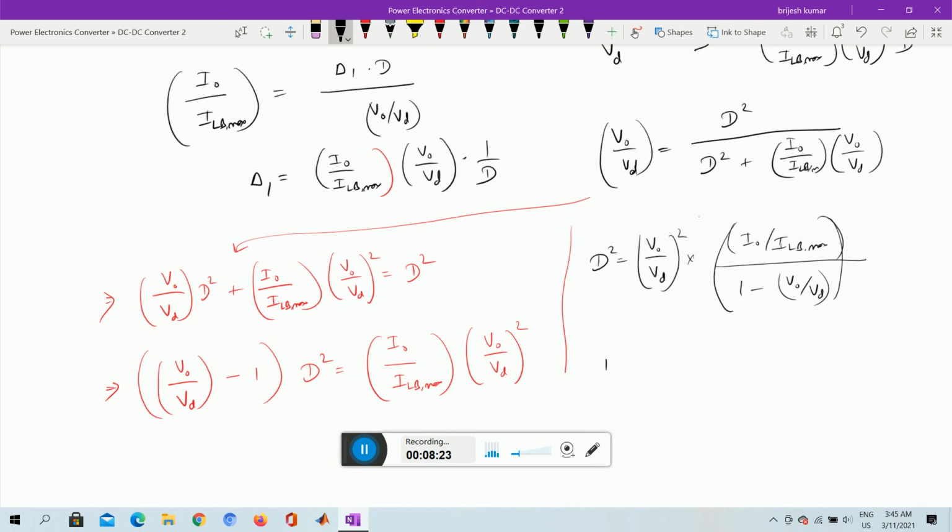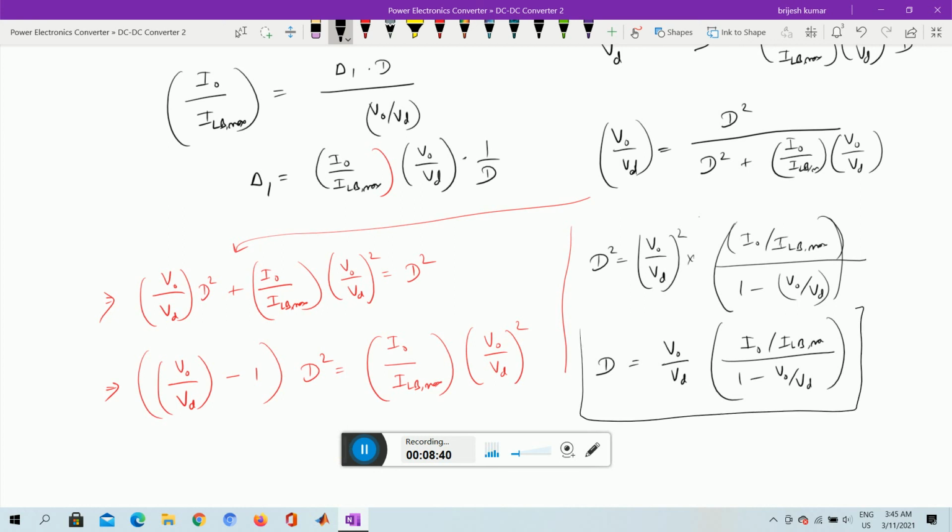So here the expression of d is equal to V0 by Vd, I0 by ILB max whole divided by 1 minus V0 by Vd. So that we get an expression of the duty cycle, so that we can keep the value of this V0 constant. So objective is to keep the value of V0 constant, change the value of the d.